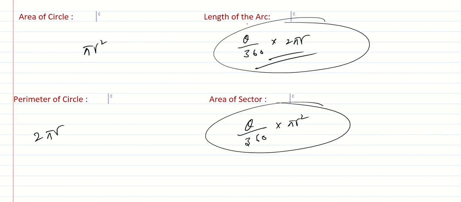Correct, no? That is a formula, but if the central angle is given, I can find out the length easily, right? If this angle is given, this arc here to here, I can find out easily. And r is given.